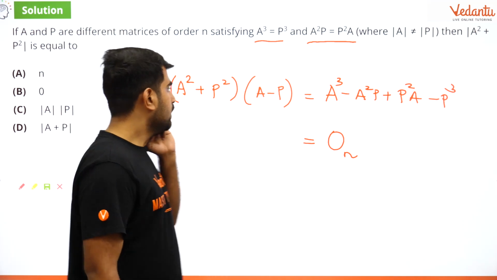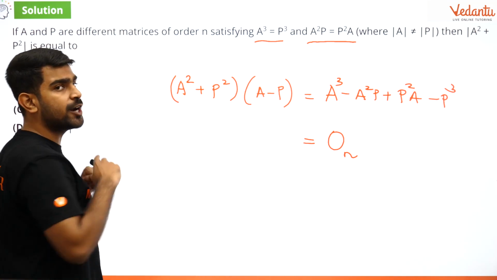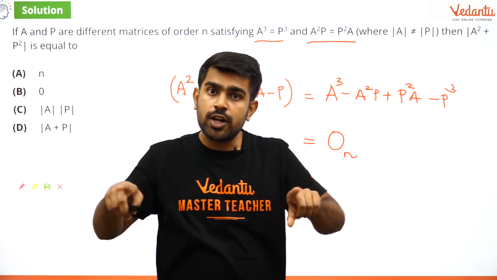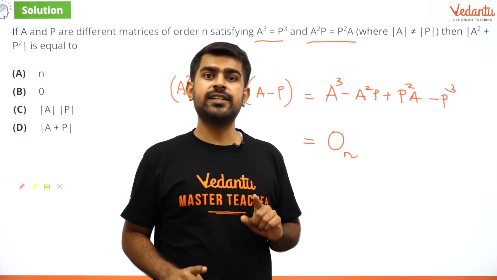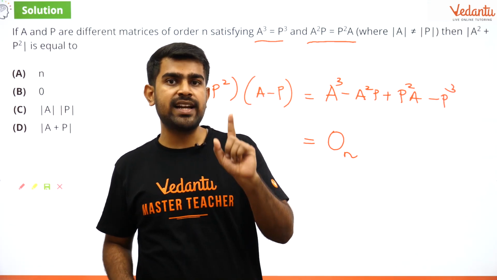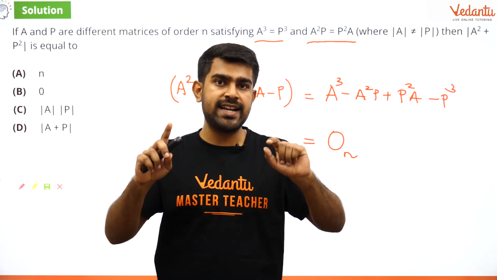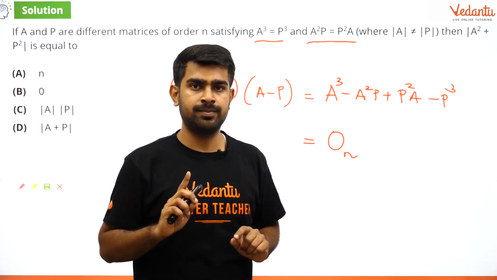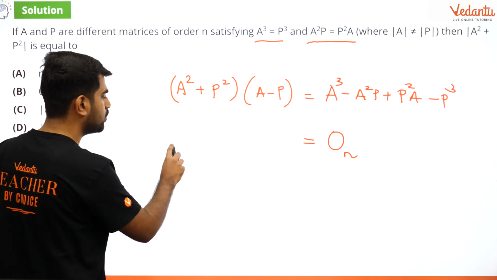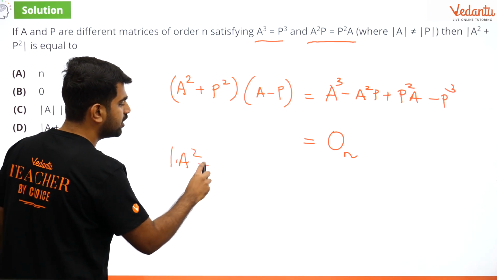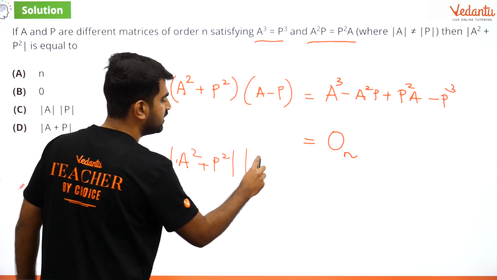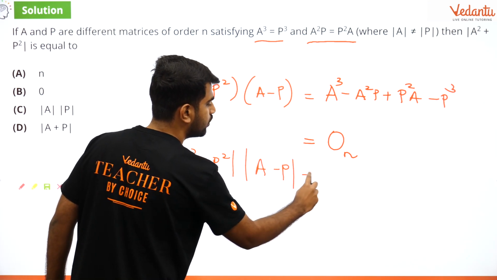Okay, so now since they are of the same order, can I take determinant on both sides? Yes, but guys, please be very careful. Only when they are of the same order can I do that. You cannot take determinant on both sides unless you are sure of this. Okay, so now I am sure of it, so I can take it as determinant of A square plus B square into determinant of A minus B is equal to 0.